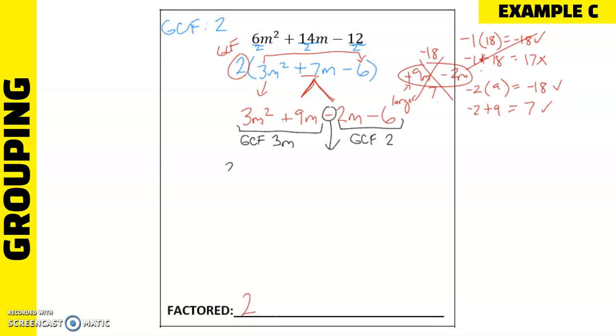All right, so let's pull out. Looking at my first 2 first, 3m times m gets me 3m squared. 3m times positive 3 is 9m, minus 2, the GCF, times, well, negative 2 times m would get me back to negative 2m. Negative 2 times positive 3 gets me to negative 6.